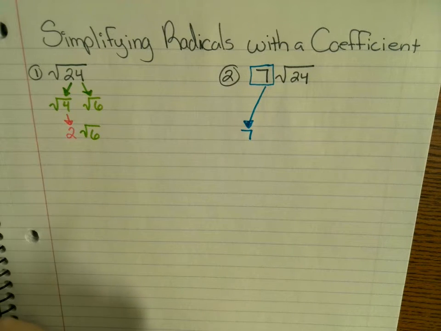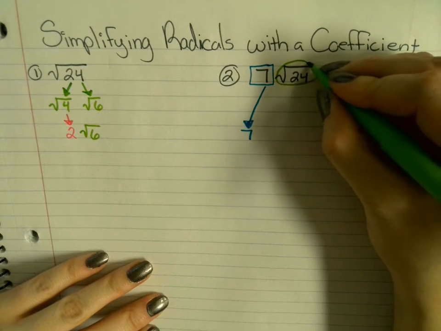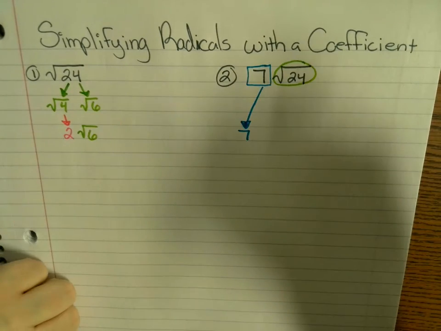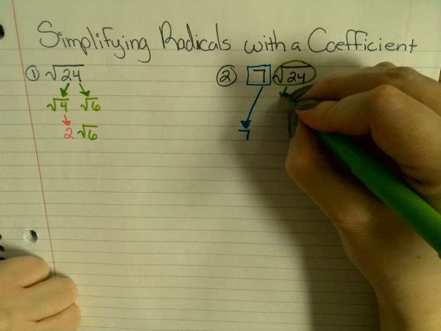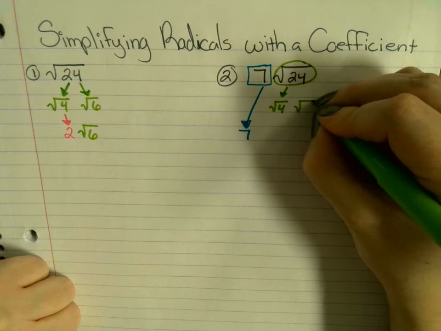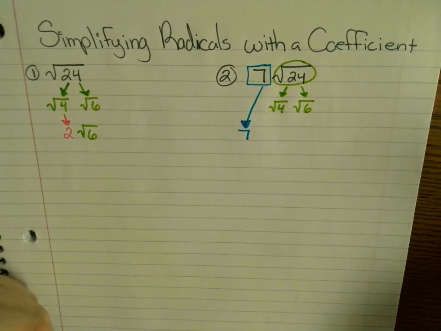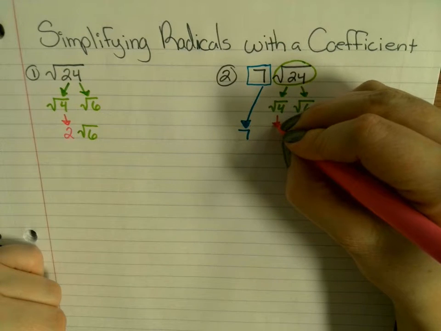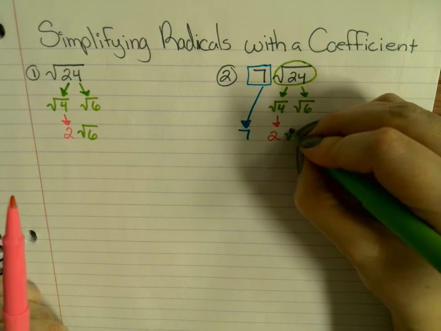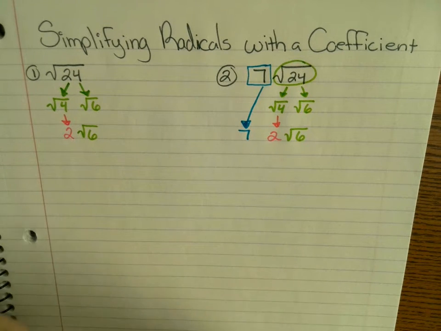What I want to focus on is the square root of 24, by doing what I always do, which is break it apart. Like we already did, we already noted in the previous problem that this is the square root of 4 and the square root of 6. And we already noted that I could simplify the square root of 4 into a 2, and that this square root of 6 would come down. Now, what do you think I'm going to do with that 7 that I just brought down?